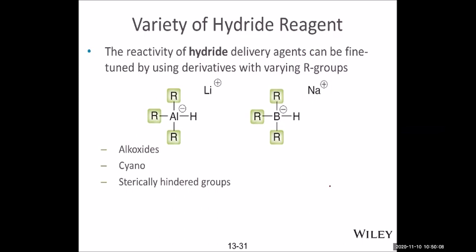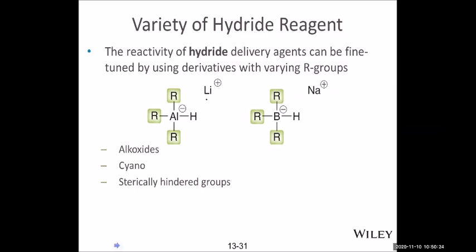The bromination reacts slower than the chlorination and actually gives better selectivity. Same with the hydride reagents: make them less reactive and they become more selective.